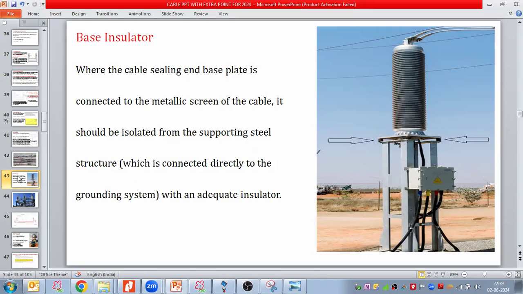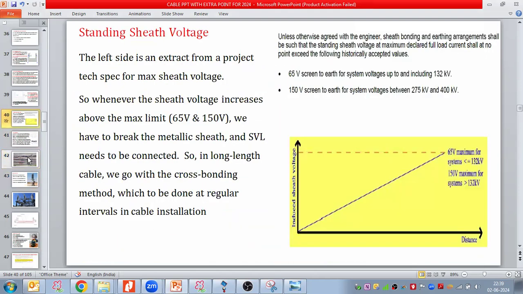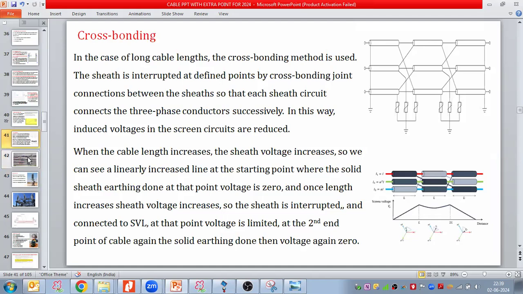Raghava sir, one thing actually. In cross bonding, from the SVL to the other end, the bonding cable is not connected all the way from the local end to the remote end, is it? Come again. In the cross bonding scheme, will it be connected all the way from station A to station B, or will it be interrupted through the SVL?